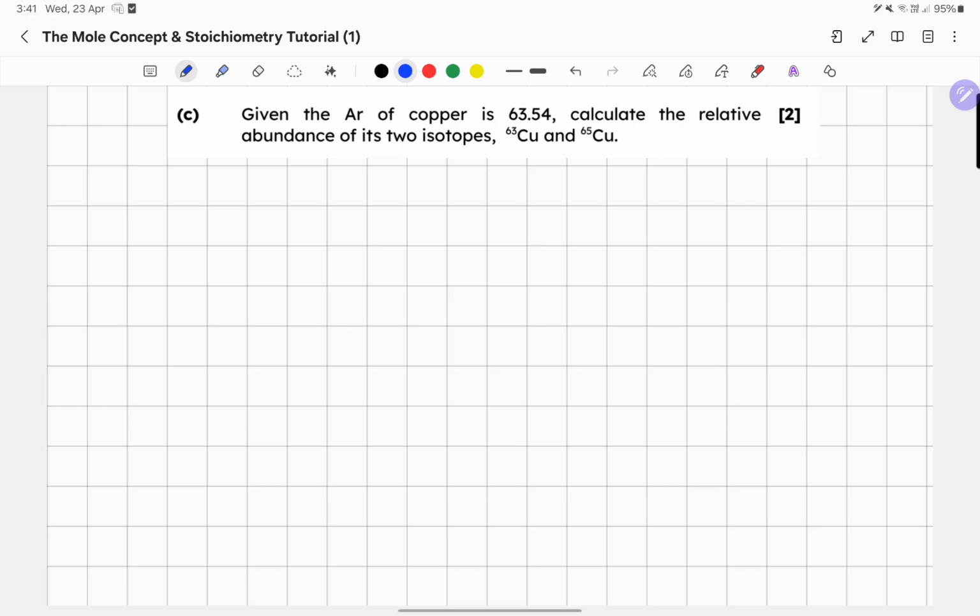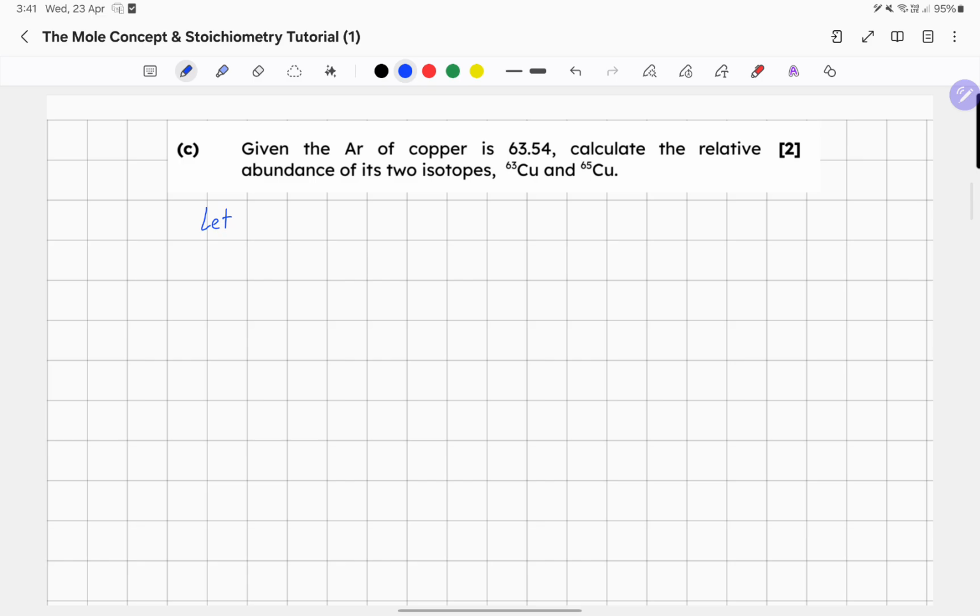Okay, so the good thing you have done is that you're able to express the equation well. One thing to take note is that you need to label carefully what is the percentage abundance of each isotope.